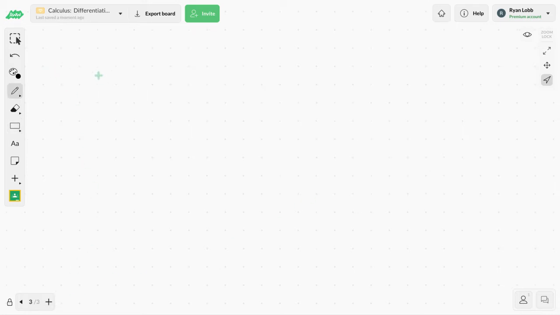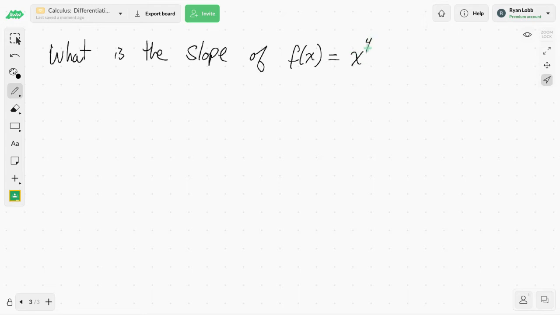Moving on. What is the slope of f of x equals x to the 4th when x equals negative 1, 2, and 3?